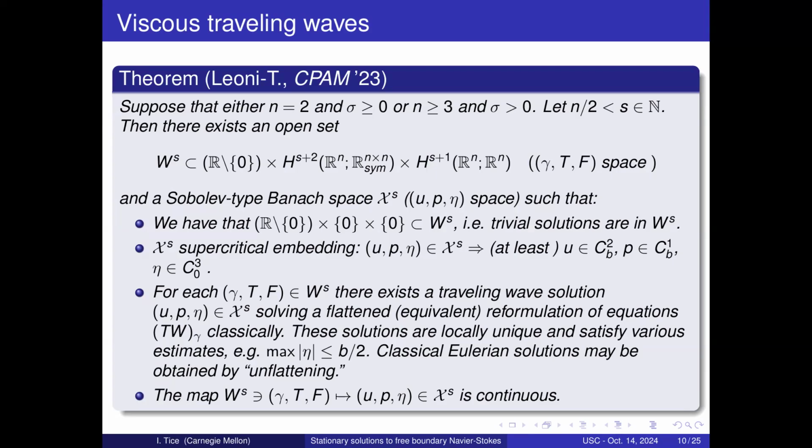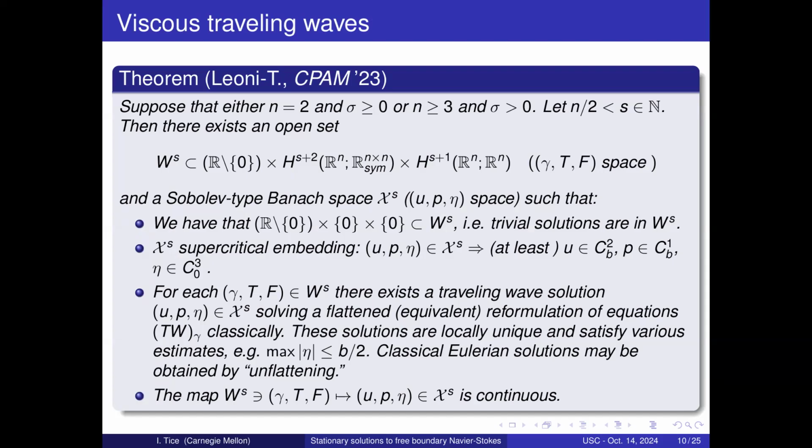So here, gamma lives in R minus the origin, T lives in this standard Sobolev class, and F lives in this standard Sobolev class. And we can find a Sobolev type Banach space X_s. This is where the solution u, p, and eta are going to live, such that the following are true. And I will say more about this in a moment, but I'm being vague about it intentionally now.